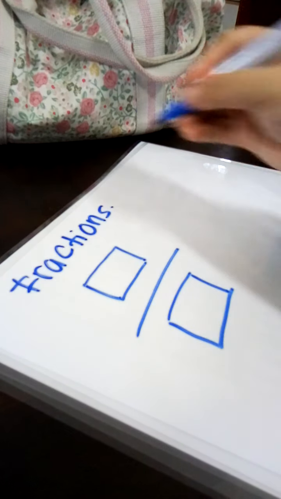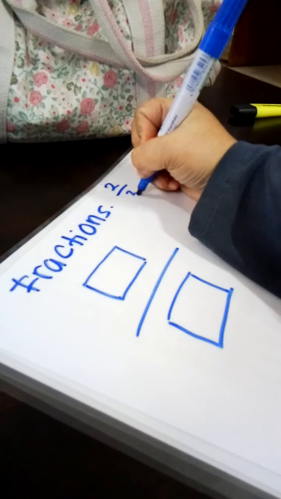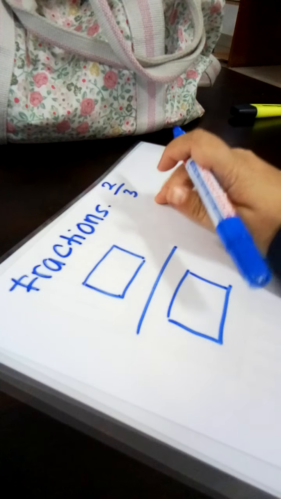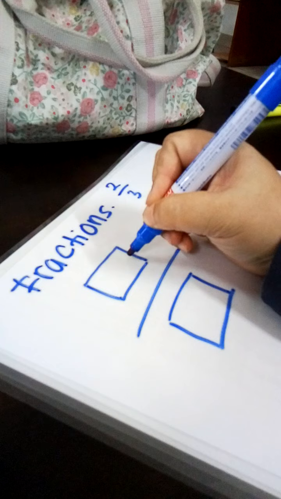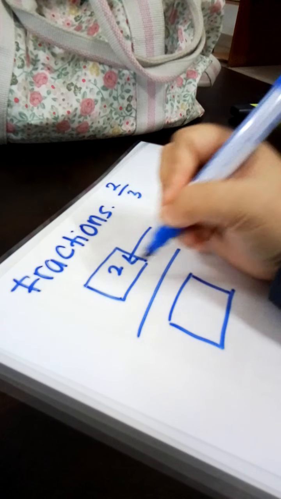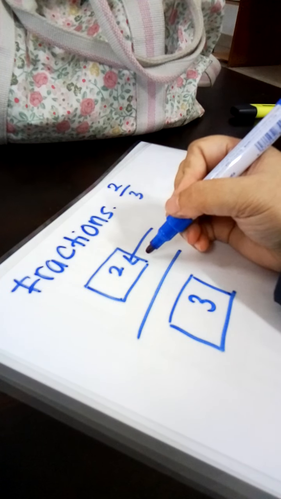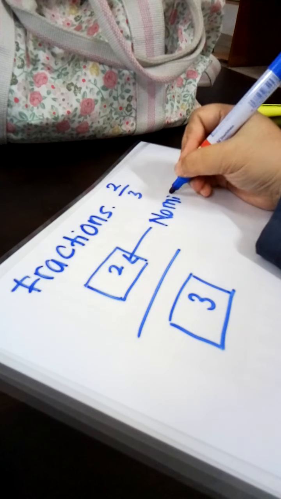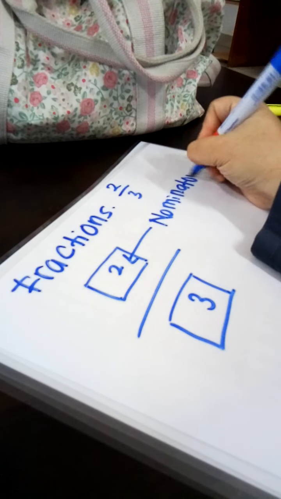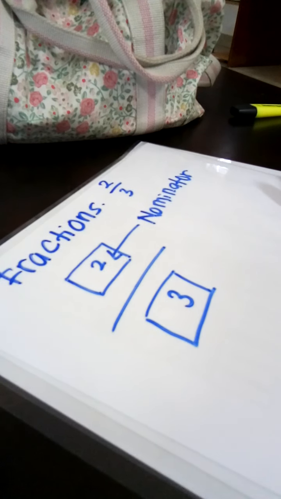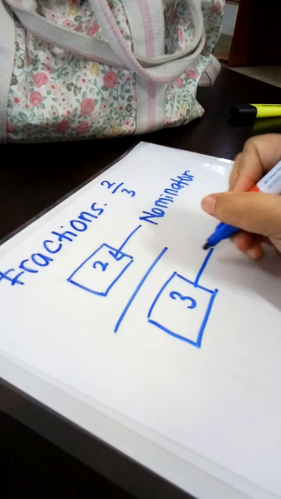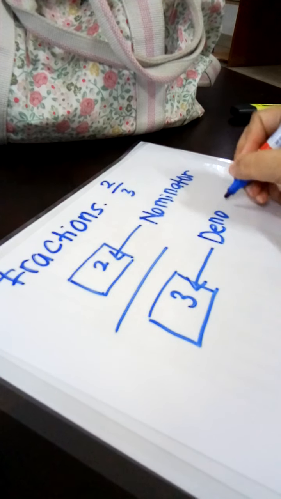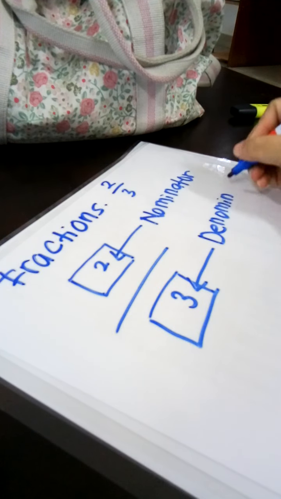If you see it like this, for example 2/3, that is a fraction, it is not a whole number. The above one, for example the 2 in 2/3, we call the numerator, and the below one we call the denominator.